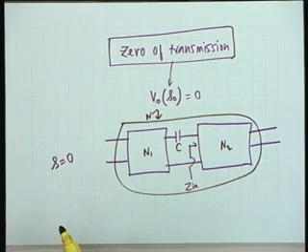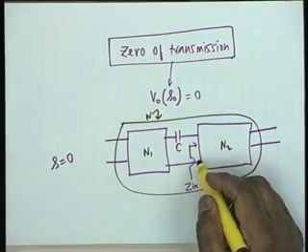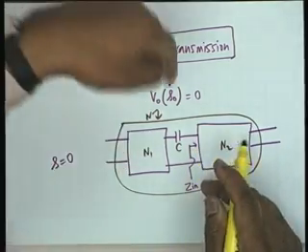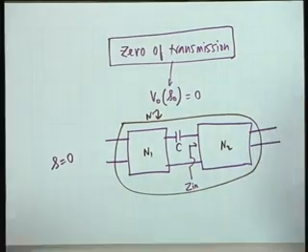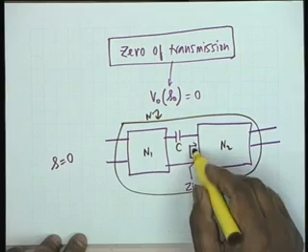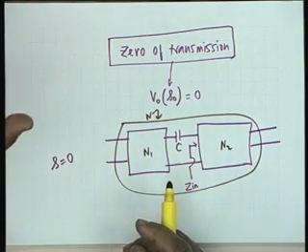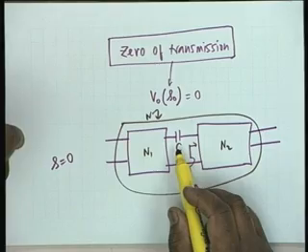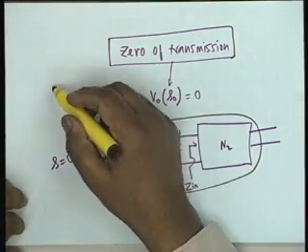There will be now two zeros at S equal to 0. If the input impedance is that of an inductor, then obviously at S equal to 0, the inductor acts as a short. So the output voltage would be 0. Agreed? Now, the point that I was mentioning is, if Z in is that of a capacitor, then obviously S equal to 0 is not a zero of transmission. This you can very easily see.